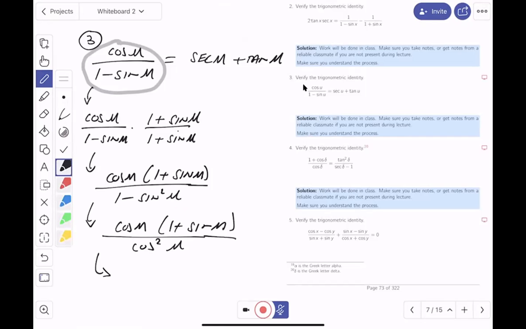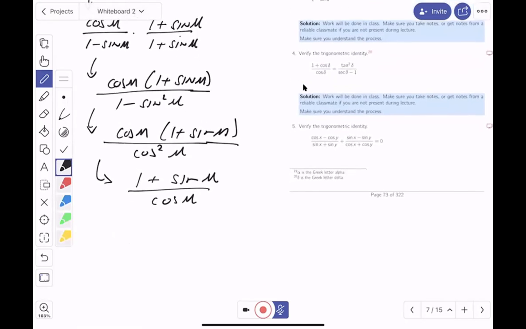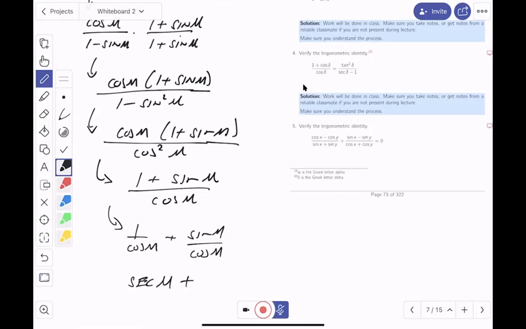Simplification again. Cosine u. And we're left on top with 1 plus sine u. I'm going to split into 2 terms now. And those 2 terms would be 1 over cosine u plus sine u over cosine u. And what do you get there? Secant u plus sine over cosine is tangent of u.